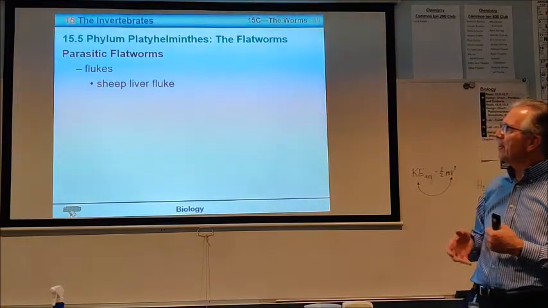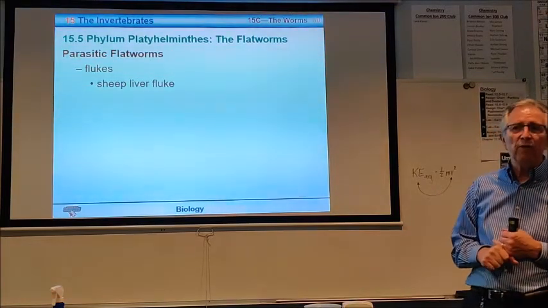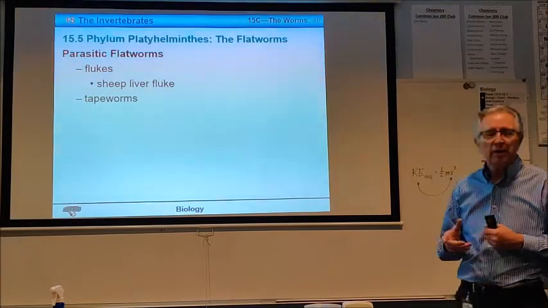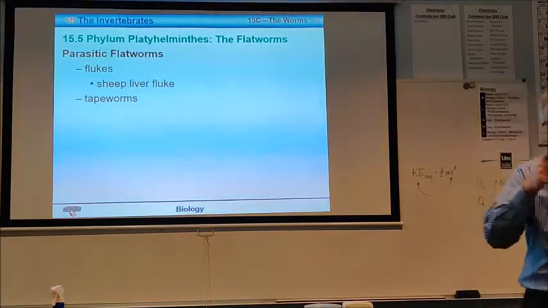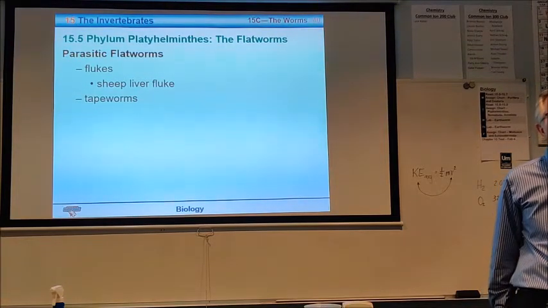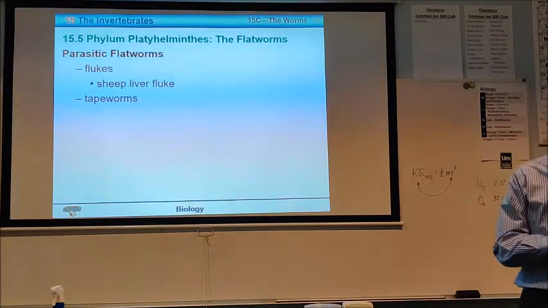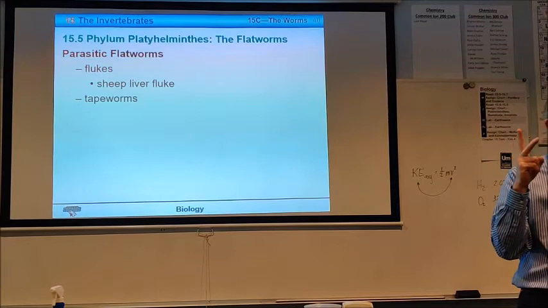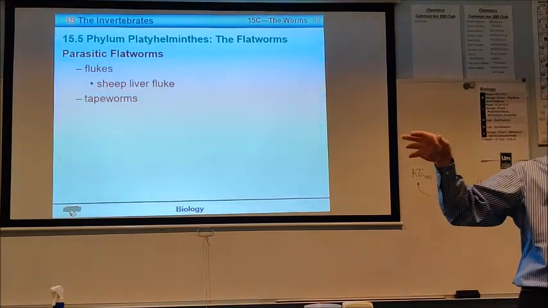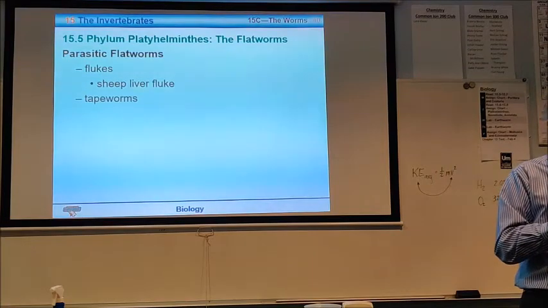Okay, now there's another kind of flatworm we said were the flukes. Like there's a sheep liver fluke. If you want to study that, I think the sheep liver fluke, if I remember right, has two parts of its life cycle. Part of it lives in a snail, and part of it lives in the sheep.